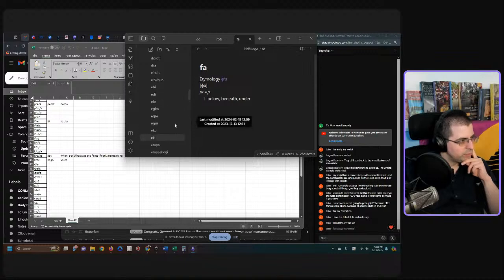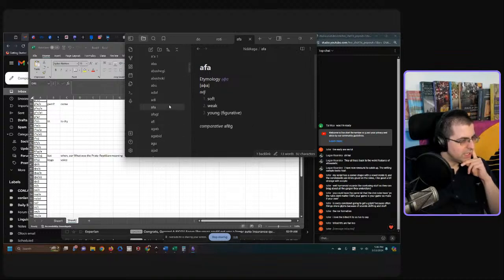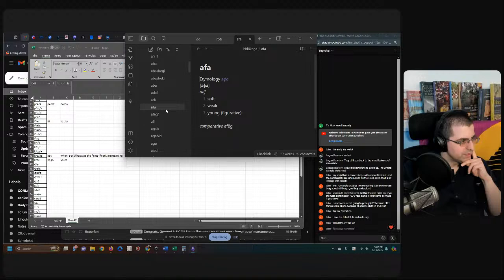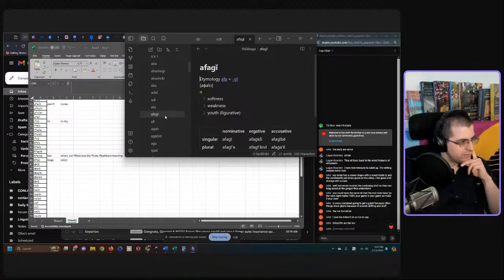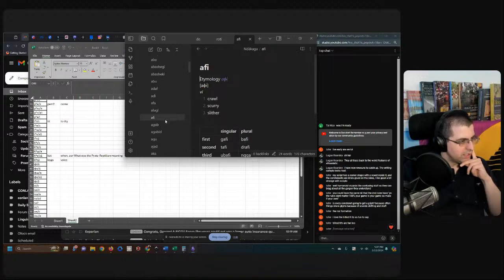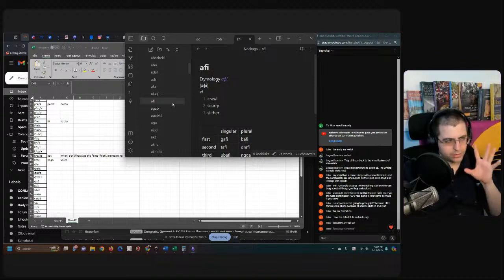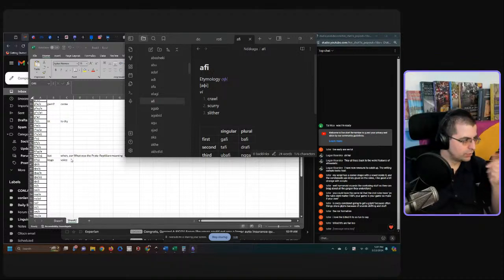Maybe we can make some more, but I noticed scrolling through here that we've got a lot of these words that actually have F as a second syllable, and soft and crawl. That could work. So we can bend rules a little bit.